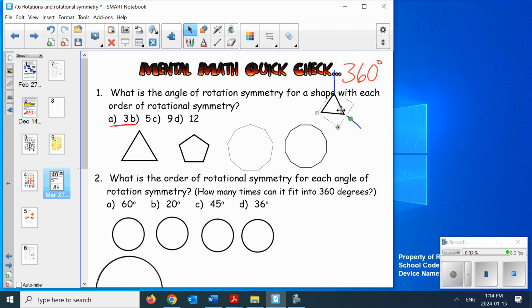And then if I take that same shape and twirl it again, that means I've divided this into 3 zones. You can use a calculator. You go 360 divided by 3, you get 120. So that's where the answer comes from.